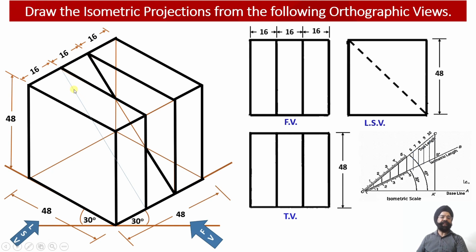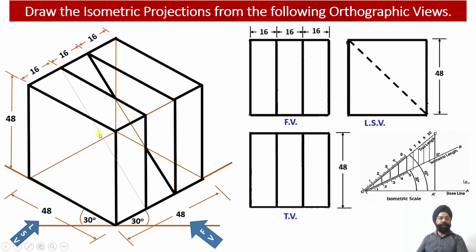This particular line should not be drawn otherwise, because in isometric projections we do not draw the hidden lines. It is only for the purpose of understanding that I have drawn this hidden line over here as a construction line. This edge has been drawn only to develop the understanding that there is a rectangular inclined web lying right in the middle of the solid.